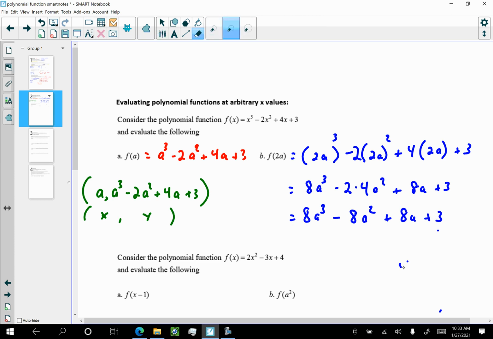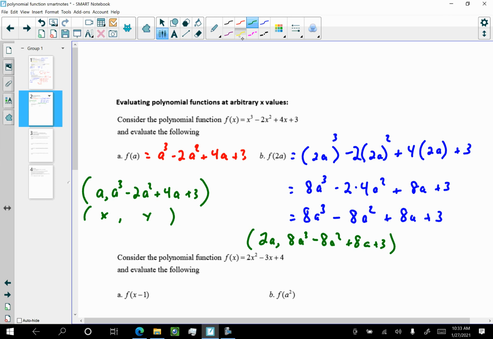And that is that function evaluated at 2a. If I wanted to write the point associated with it, I could. It would simply be 2a, comma, 8a cubed minus 8a squared plus 8a plus 3.